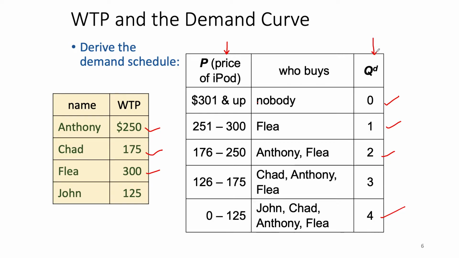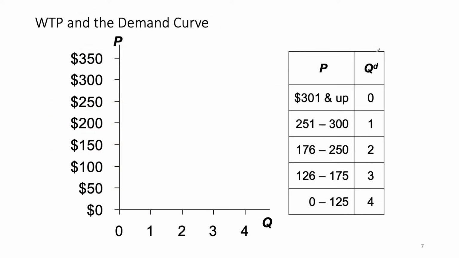We can get a demand schedule out of it that way. So this tells me the relationship between the price of an iPod at different ranges and the quantity demanded of iPods at each of those different price points. And we can use this to generate a demand curve.